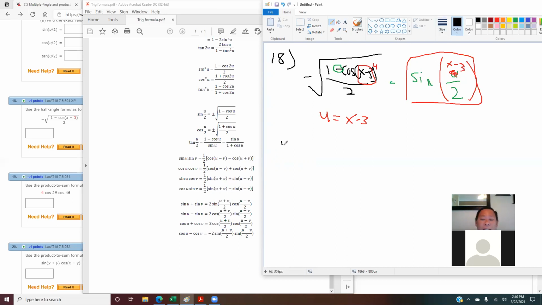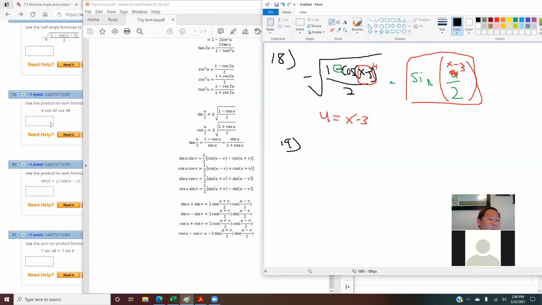Okay. This is easy. For 19, you have to use the product to sum. Product to sum means they give you a product. Product means multiply, and you have to write this in addition. So this is all in product, so they all multiply, and this one is the sum. So they want you to do this one.